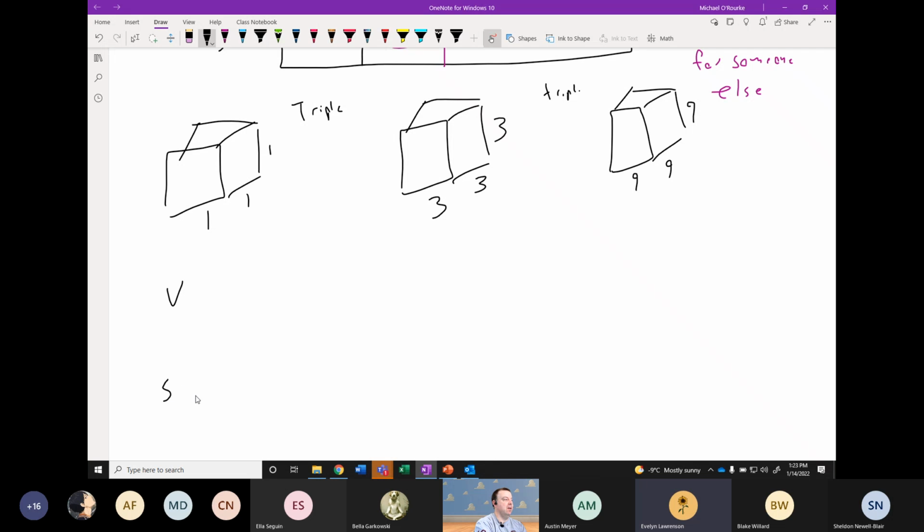Volume, surface area. So for this one, the volume is just going to be 1, because 1 times 1 times 1 equals 1. Length times width times height. Okay?